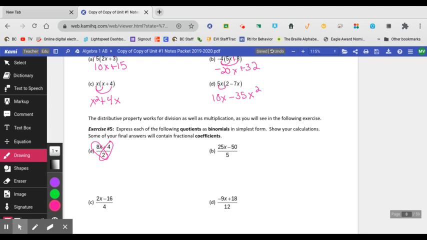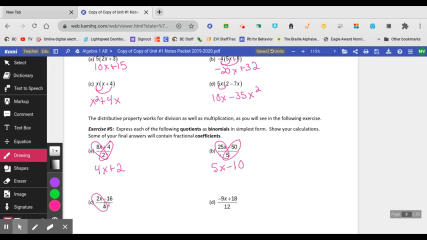So 8x divided by 2 is 4x, plus 4 divided by 2 is 2. Same thing here. 25x divided by 5 is 5x, minus 50 divided by 5 is 10.